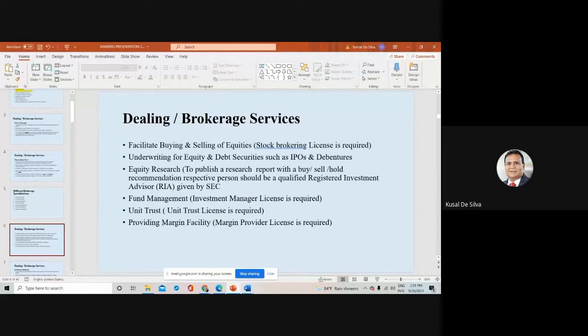We call that the margin facility. So you can buy 30% out of your portfolio, and even without money, you can just get a 30% loan from your company, from whom you are maintaining your portfolio, and buy shares.